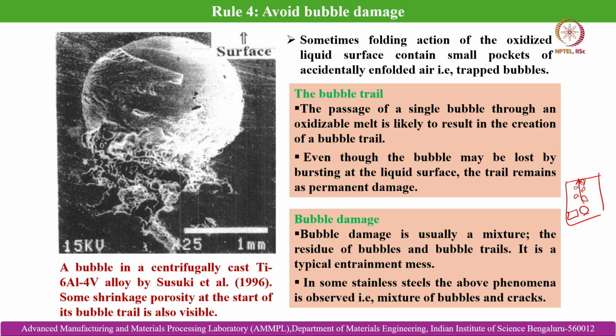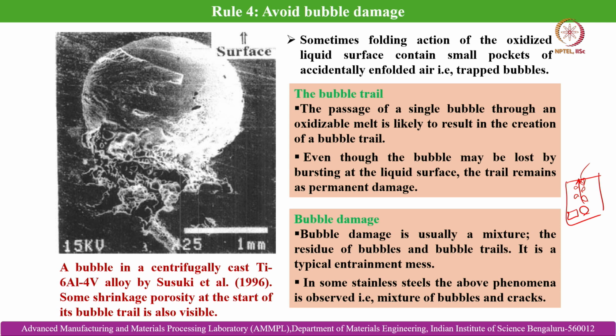Maybe the bigger ones can reach the top and burst, but some of the smaller disintegrated bubbles get trapped and cause a bubble trail. That is a dangerous situation for a cast object, because it significantly decreases the mechanical properties and structural integrity of the cast part, and moreover it also degrades physical properties, for example thermal conductivity and density, significantly.